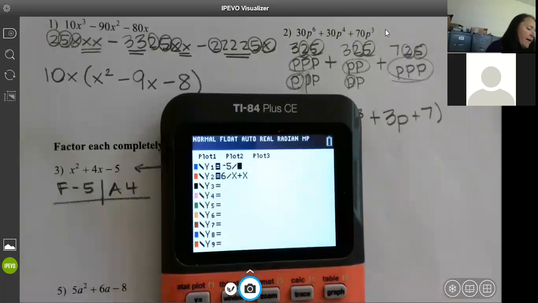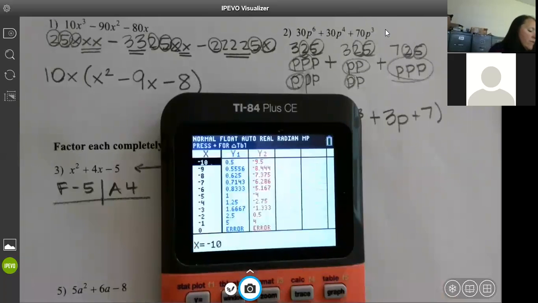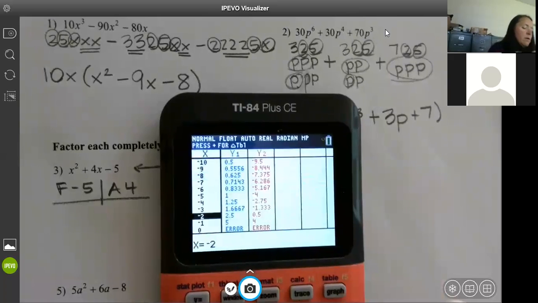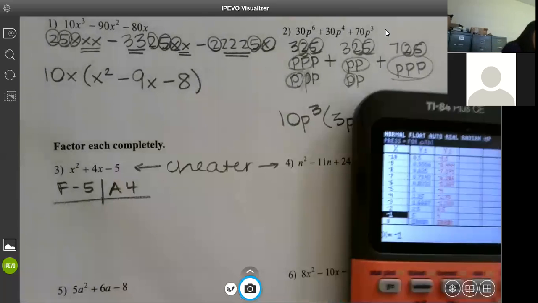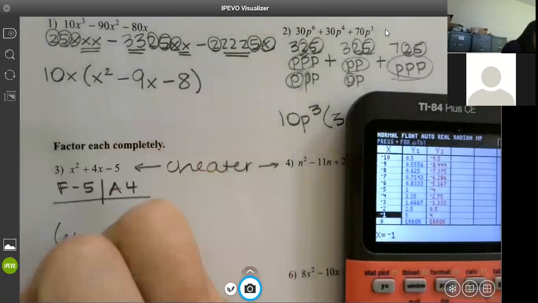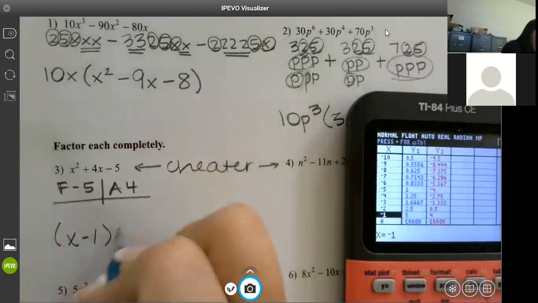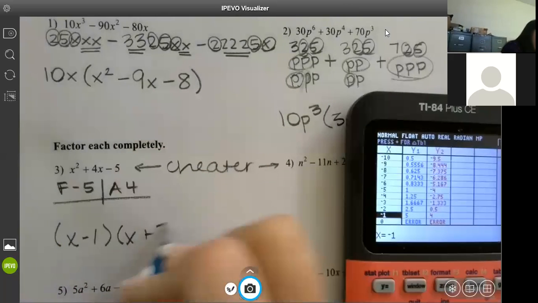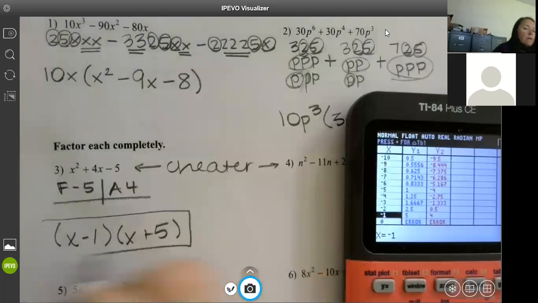We're putting in -5 divide x. -5 divide x plus x. And in our table, we're looking for a +4. What are your 2 factors or your 2 numbers? -1 and -5. Our letter was x and a -1, x and a +5. That's it. That's all you gotta do.